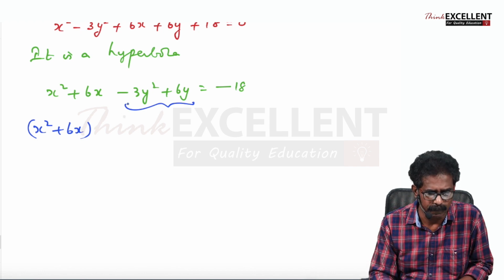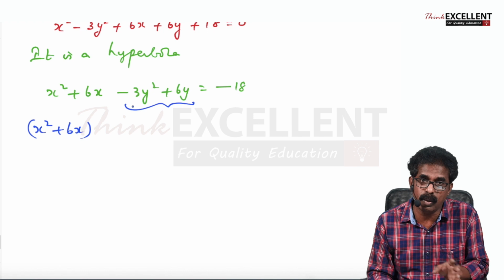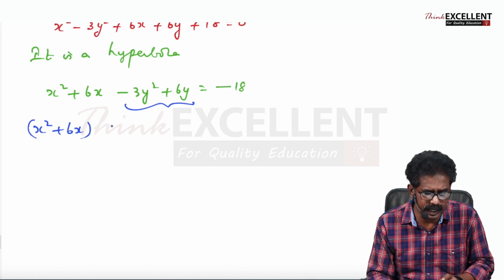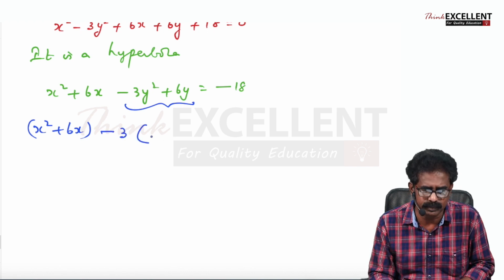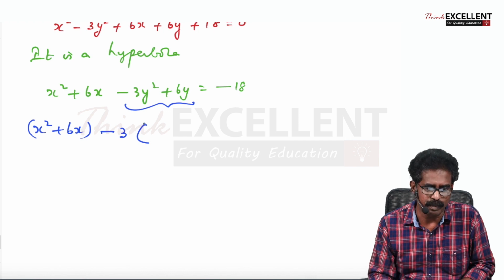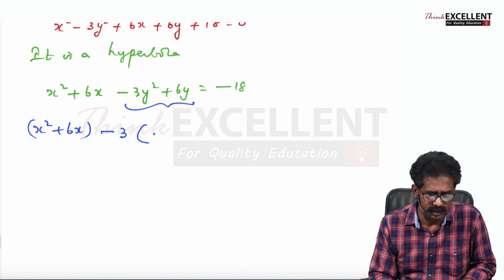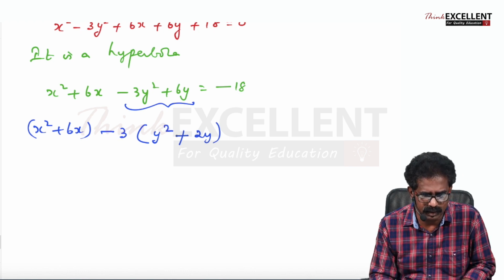Okay, please listen. I want to make the y square coefficient 1. For that you take minus 3 common. What do you get if you take minus 3 outside? y square minus 2y. If you put plus, it is wrong. Why? Multiply and check: minus 3y square, and minus into plus is minus.